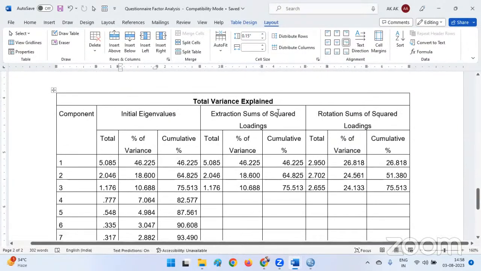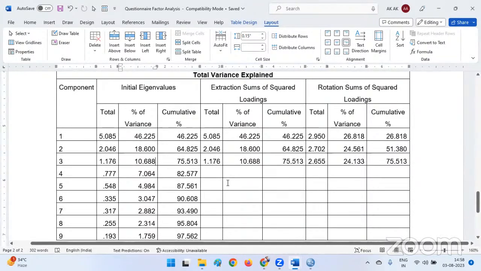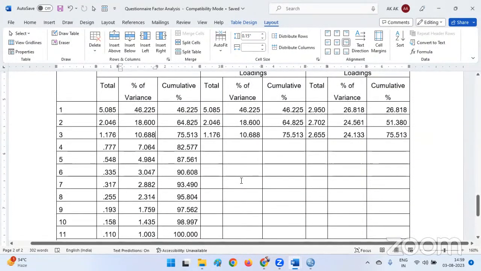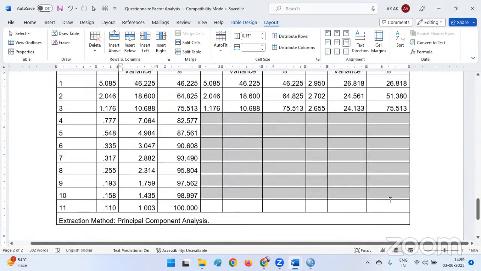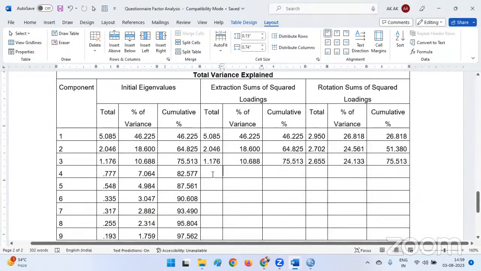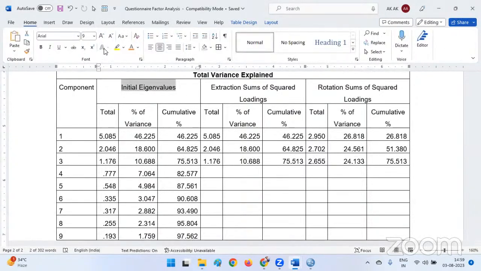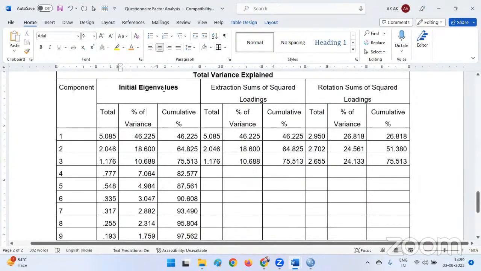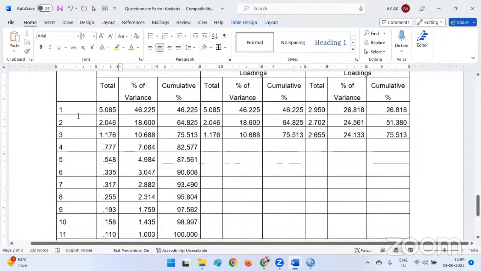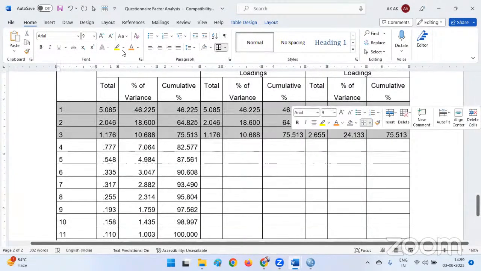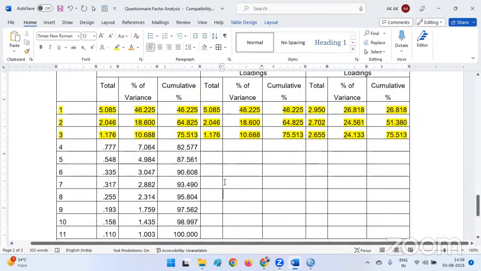So now this table fits to the Word file. Well, let us see this table very carefully. Many times people say that the data is missing. The data is not missing here. This data is automatically suppressed by the software, where the eigenvalue, these are the eigenvalues. It is written here, initial eigenvalues. It is 1 till 3. There are 3 factors. Okay, better I mark them red.